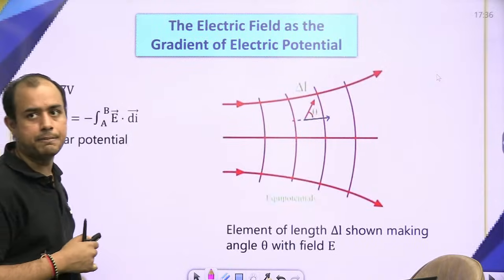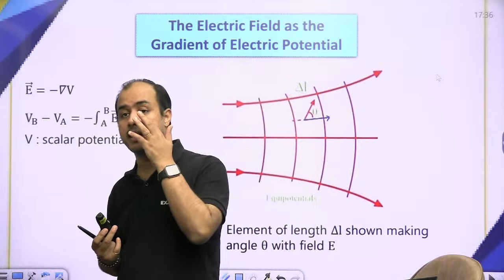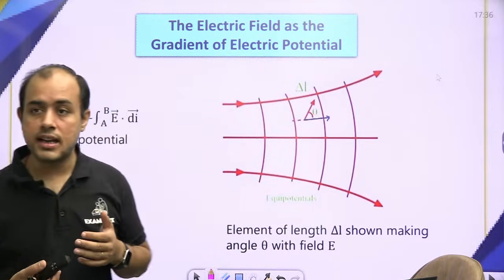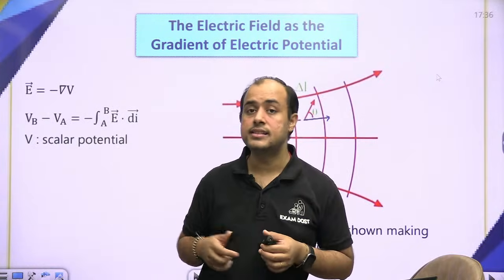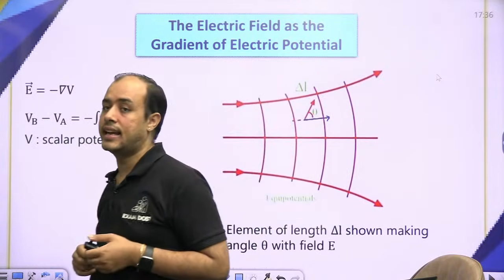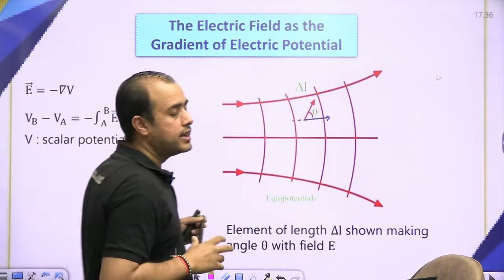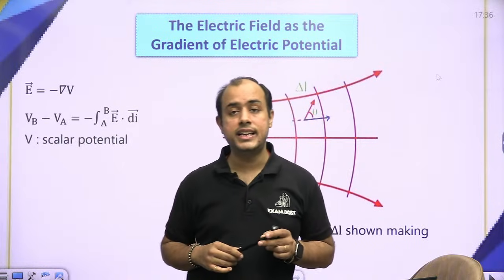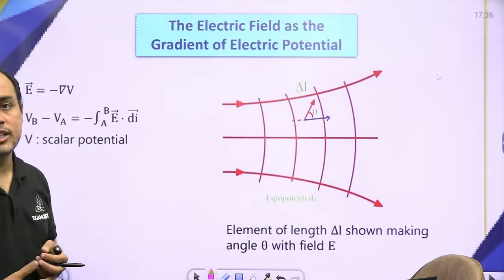Now you saw that potential difference is integration of minus E dot dl. Similarly, electric field is the derivative of the potential. It is actually the negative of the gradient. Now gradient tells you the direction of maximum rate of increase.